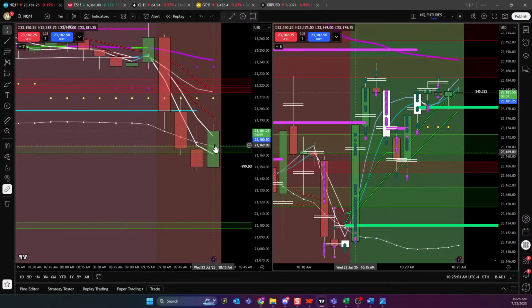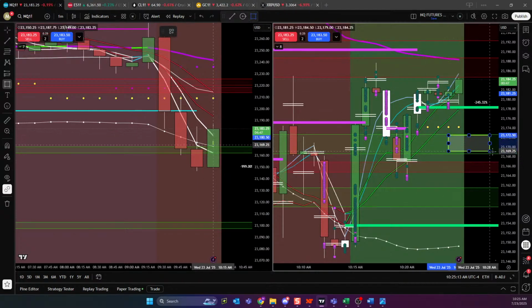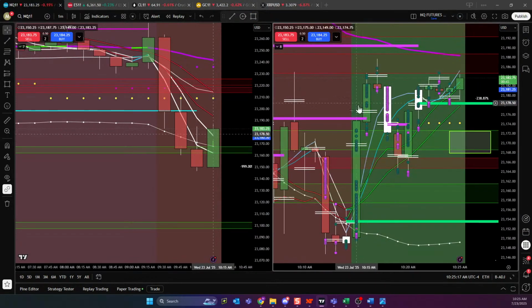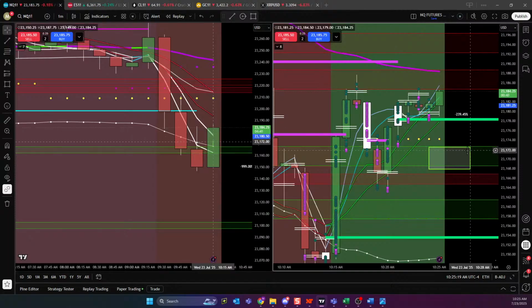But the problem is this outer band, this zone, I have to be aware of it. It's at 23,168, which means that all of my troubles, if I go short, start right here. And you have to decide, do I want to fight troubles for just a couple dollars?